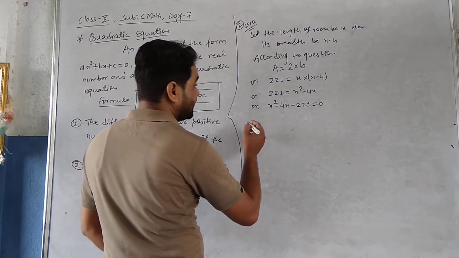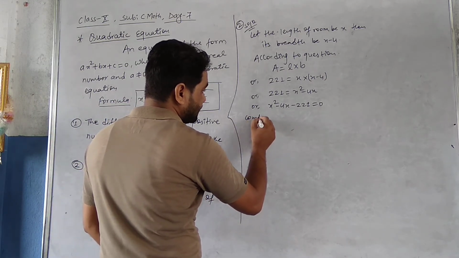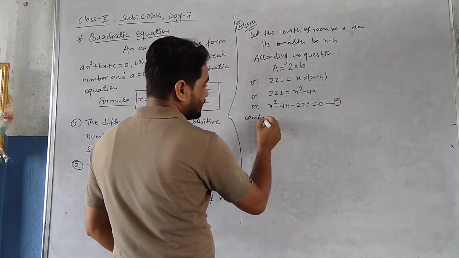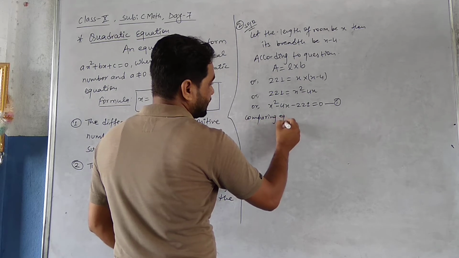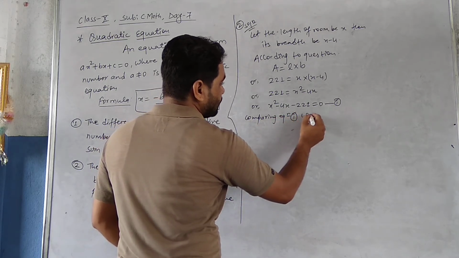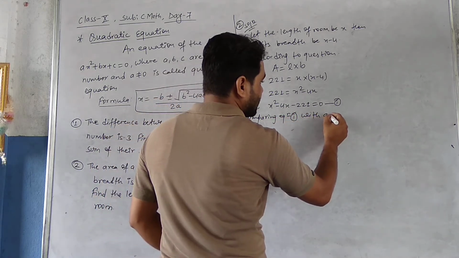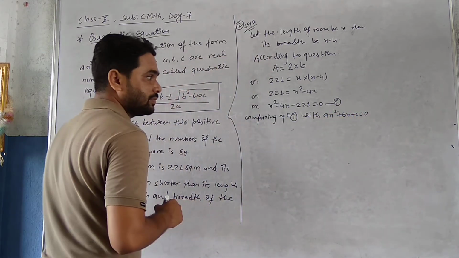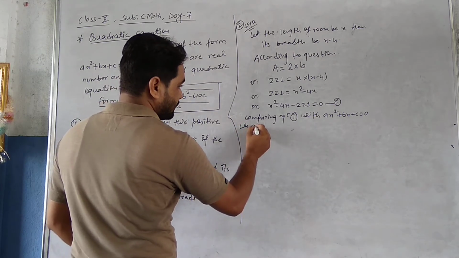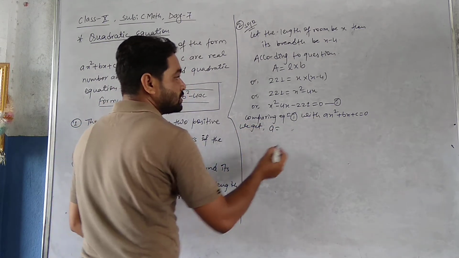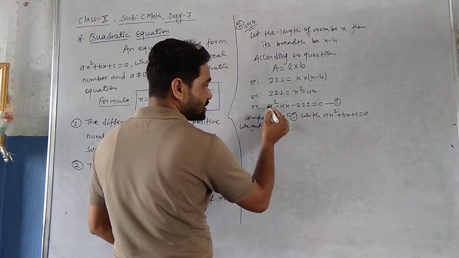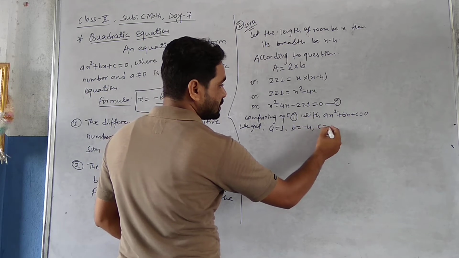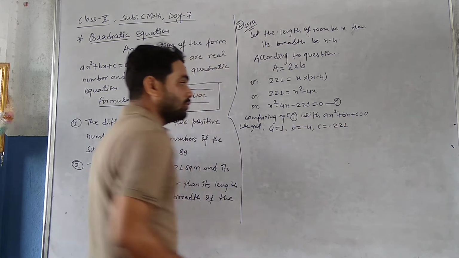Suppose this is the first equation. Comparing equation first with ax square plus bx plus c equals 0, we get a equals 1, b equals minus 4, c equals minus 221.